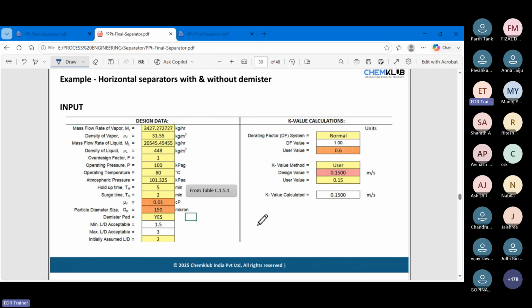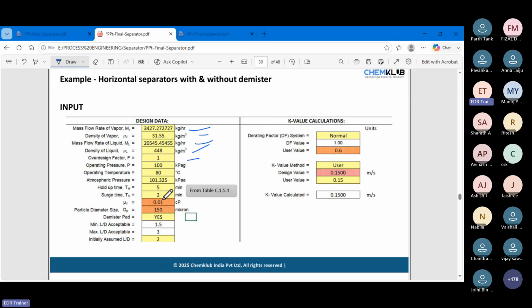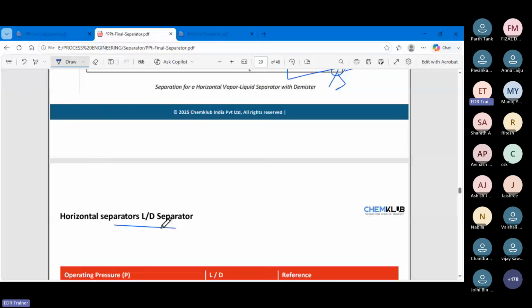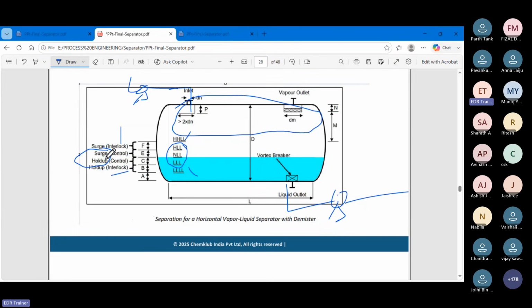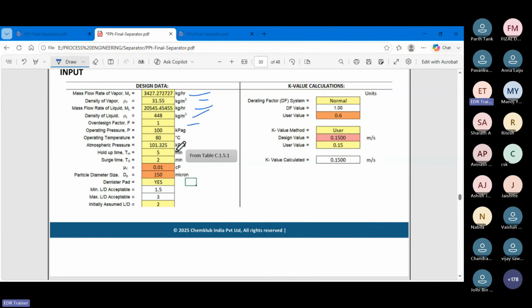Here is the calculation method, right? Then all the details we have to put in, like specification of the flow rate of the gas, density, flow rate of the liquid, density, design factor, operating pressure, operating temperature, atmospheric pressure, hold up time and surge time. I already told you about hold up time and surge time. That we need to specify based on, as I told you, the design guideline API 12J.